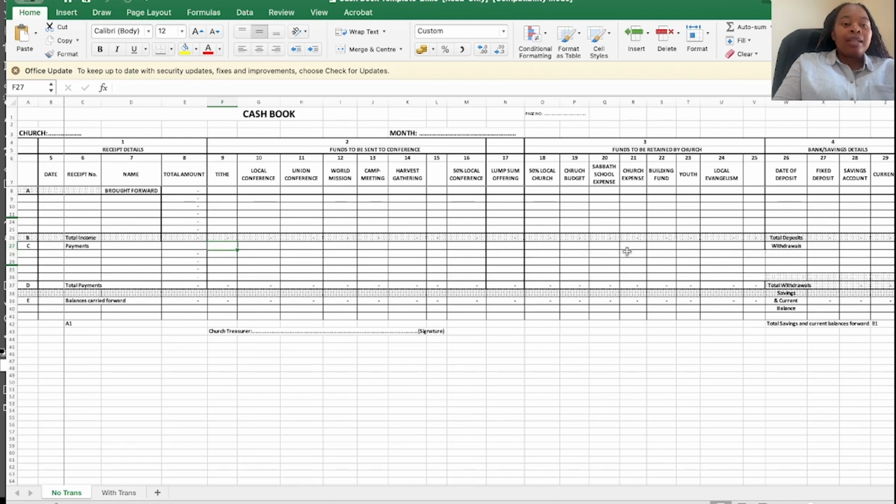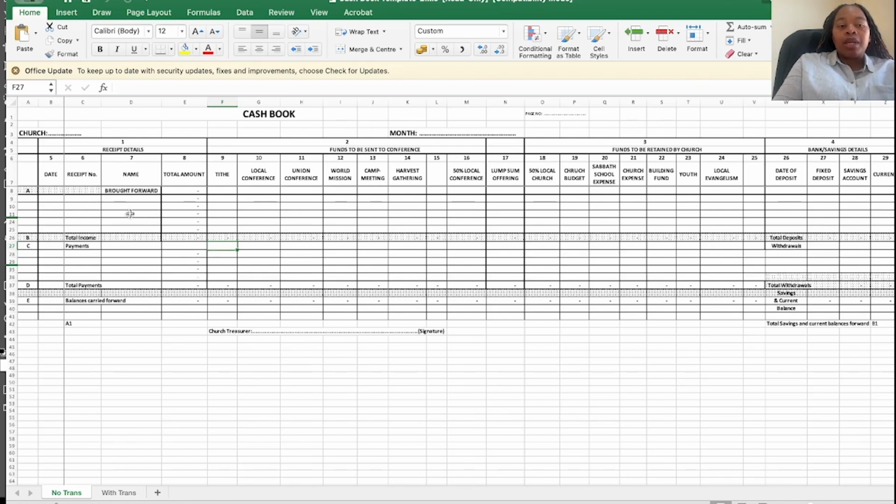Okay. Under section 1, which is the receipt details, we've got column 5, column 6, column 7, and column 8. Column 5 is the date. That's where we record the date. Column 6 is the receipt number. We take the receipt number from the receipt book, so we record it in column 6.